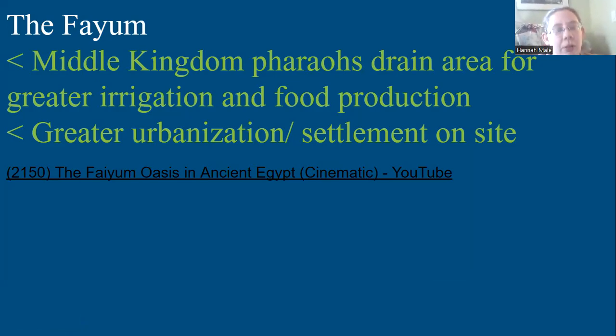And so you see greater urbanization and settlement in the Fayum region starting in the Middle Kingdom. This is a link that, again, I'm not going to play because it's somewhat long, but it's from that Discovery Mode game. It talks in particular about the Fayum region and how it developed in the Middle Kingdom.